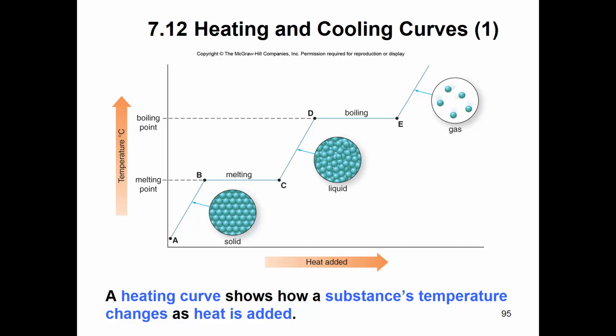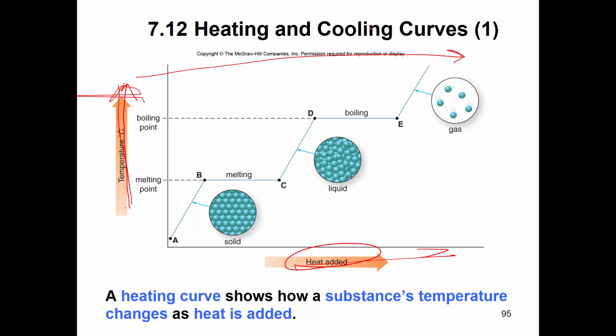The heating curve, obviously, is we're going to be going up in temperature. So we're going to be going this way. We're going to be adding heat as we go, which is going to increase the temperature. And then what's happening is the substance is going to change as I add heat.